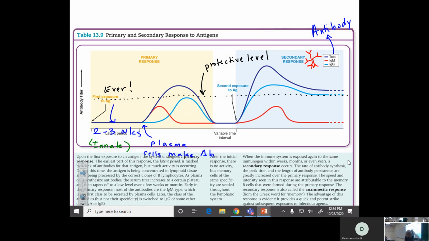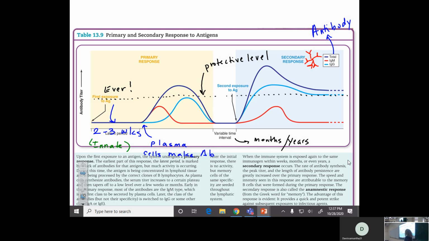Then notice in the middle here, they're calling it variable time interval. That could be months later or years later, could even be decades later.